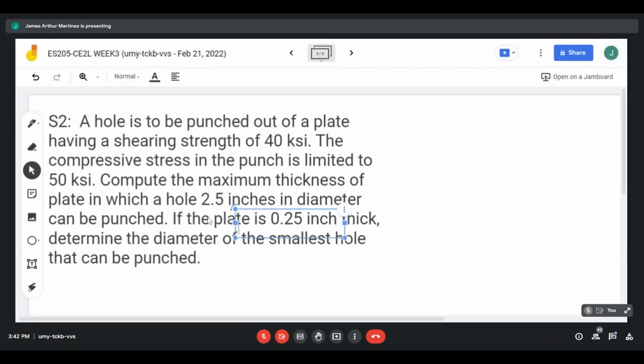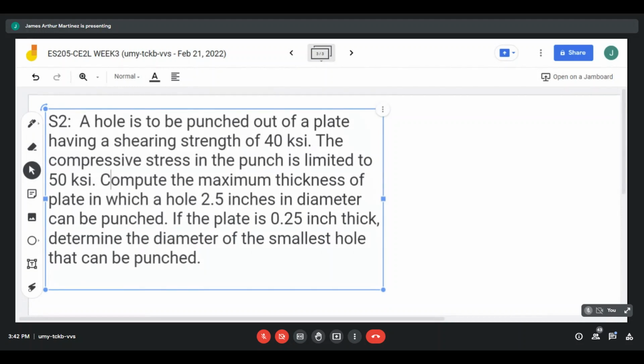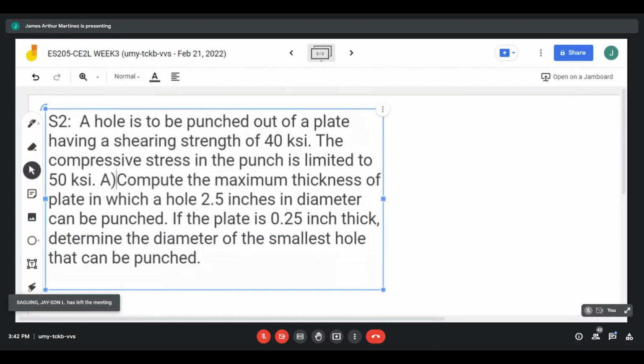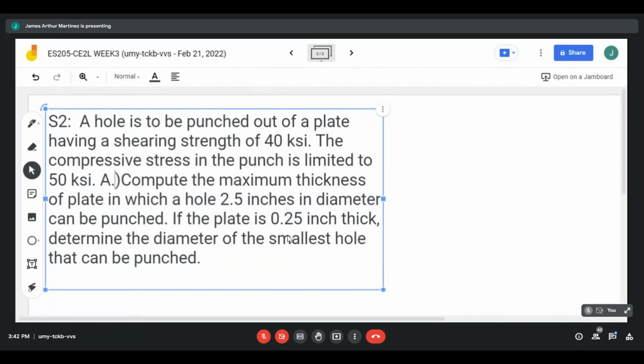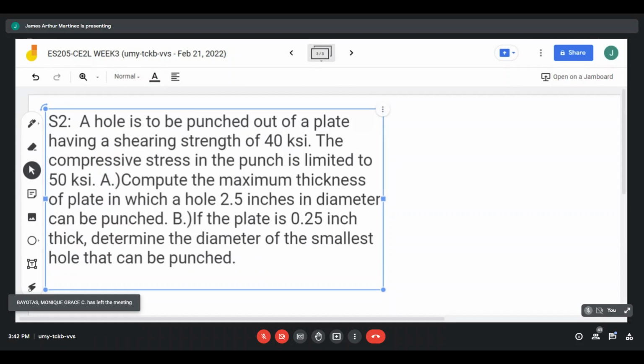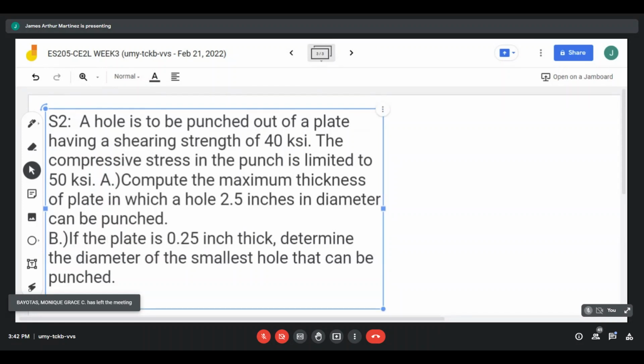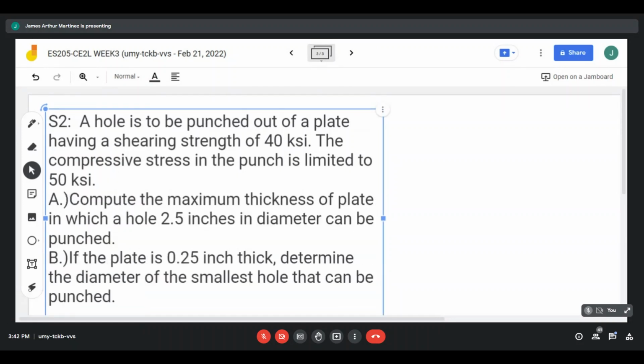Okay. So you have two problems. The first we will just label as A, and the second one is B. So I think it is much better now.